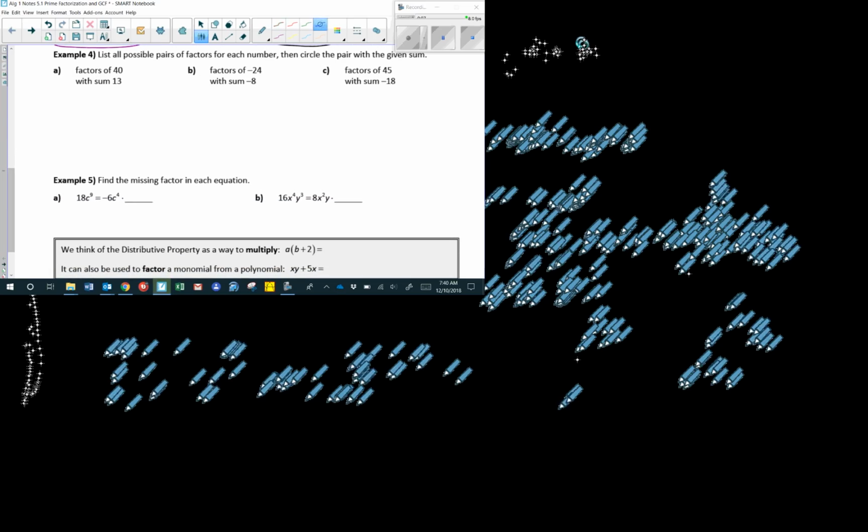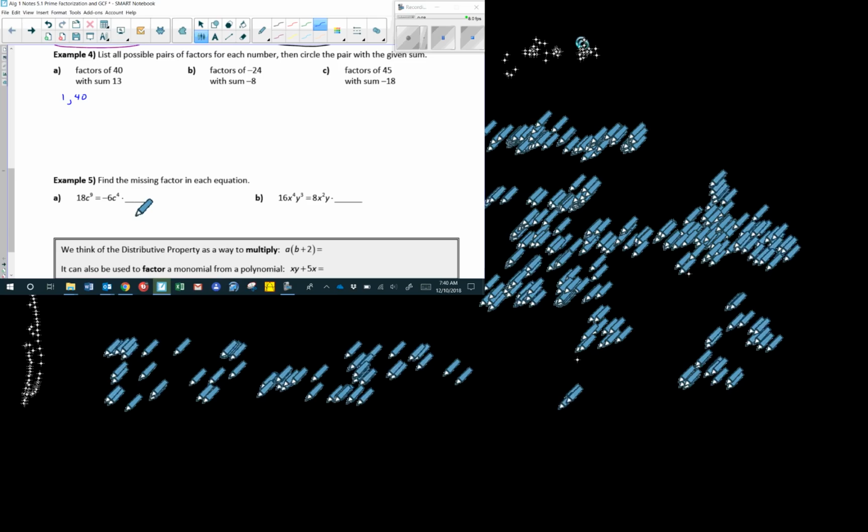Okay, let's take a look at possible pairs of factors of 40. And then we're going to look for one that has a given sum. So possible pairs are 1 and 40.